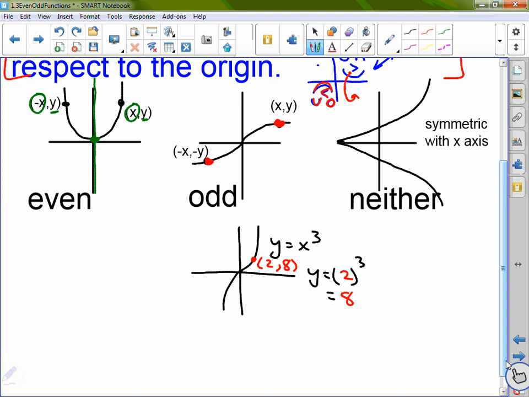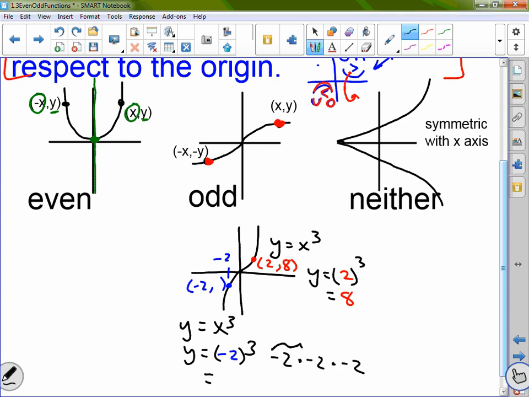Now let's examine what happens if I plug in negative 2. So y is equal to x cubed, negative 2 cubed. So that's negative 2 times negative 2 times negative 2.